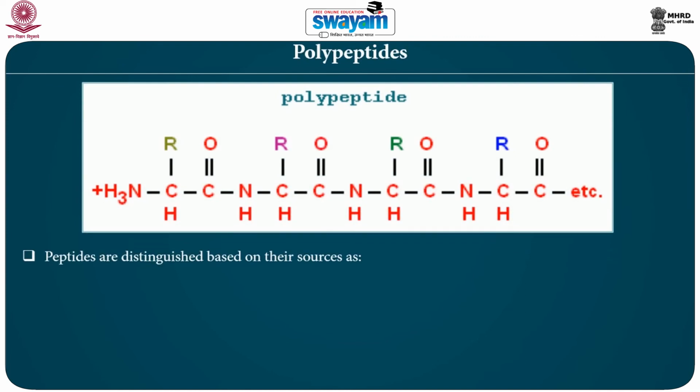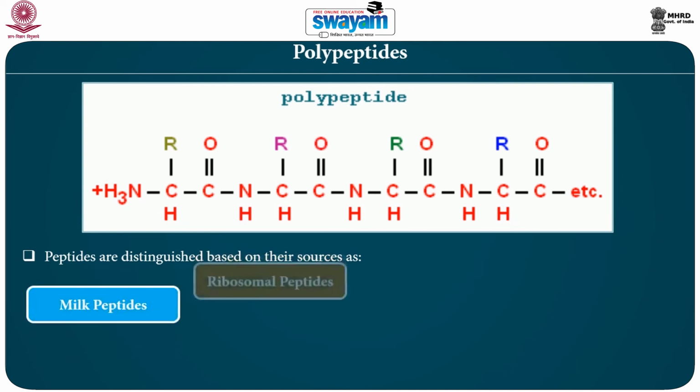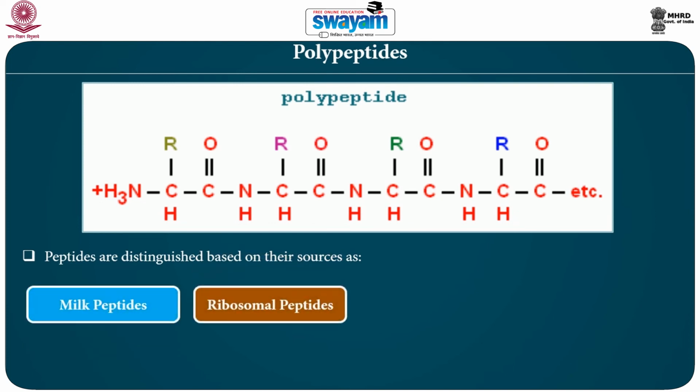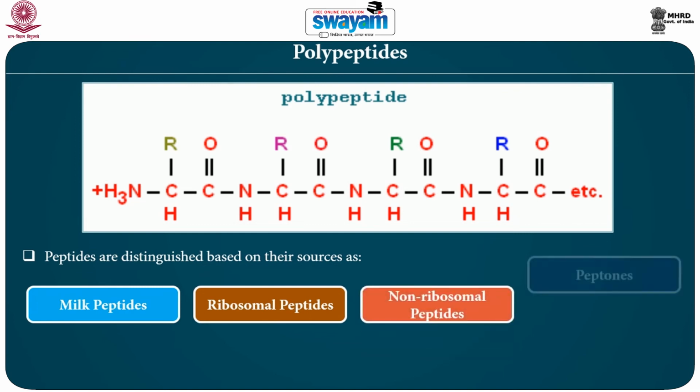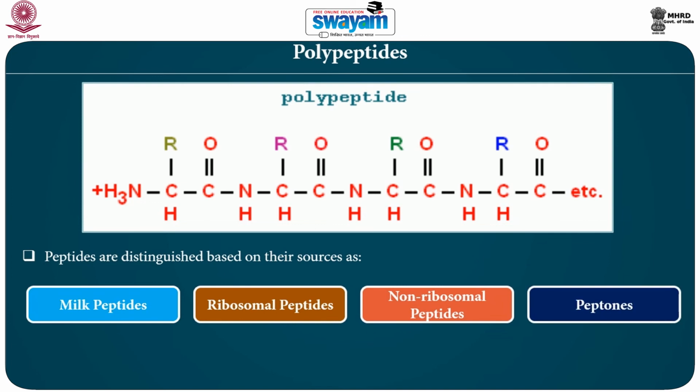Polypeptides. Polypeptides are distinguished based on their sources as milk peptides, ribosomal peptides, non-ribosomal peptides, peptones, etc. Peptide fragments are used to identify the source of protein.